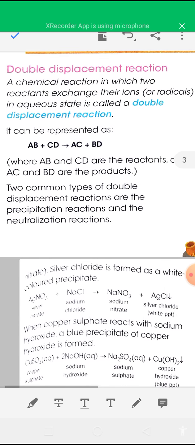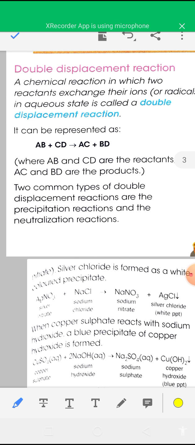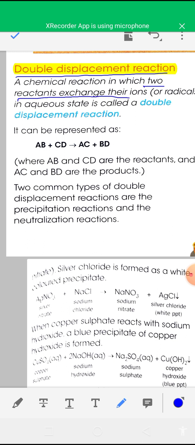Now the next type of chemical reaction is double displacement reaction. A chemical reaction in which two reactants exchange their ions or radicals in aqueous state is called a double displacement reaction.